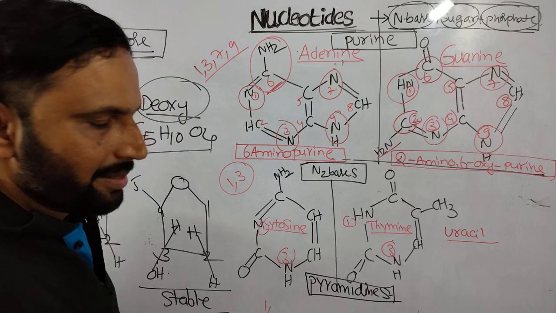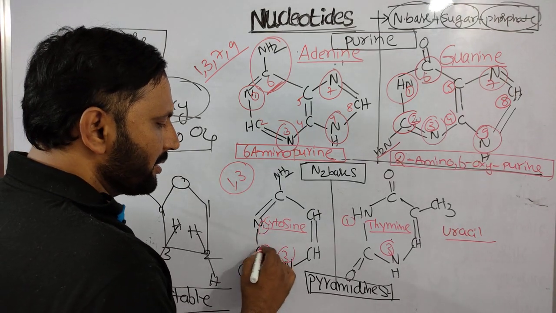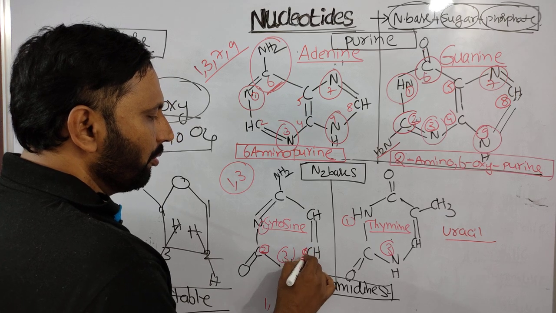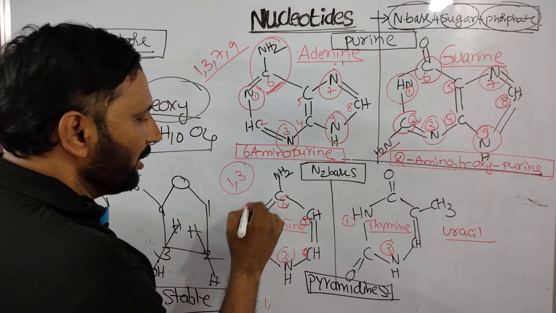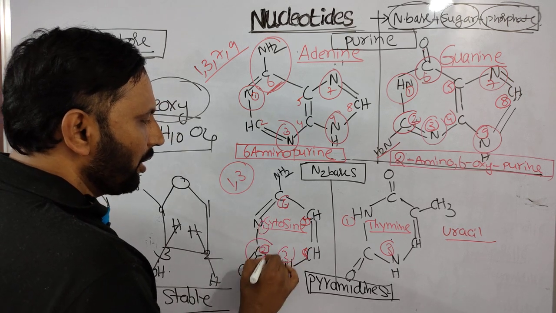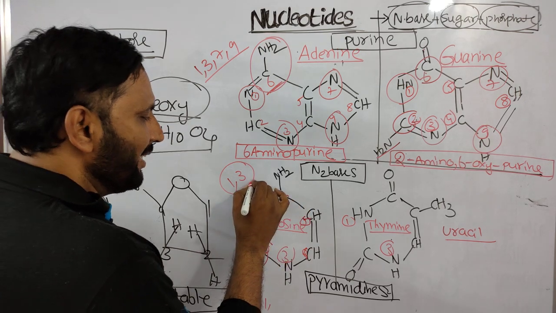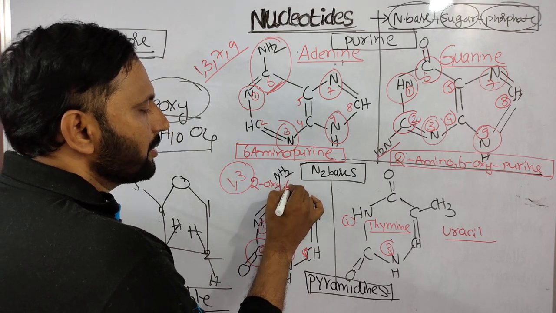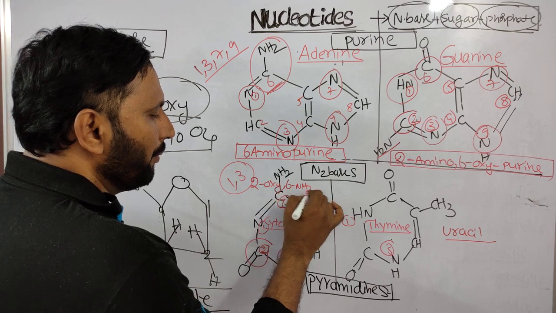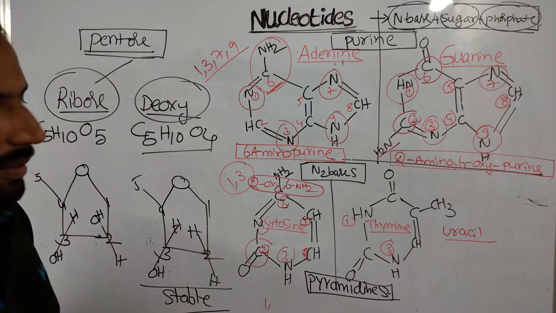Then you go to pyrimidines. In the pyrimidines, there are positions first, second, third, fourth, fifth and sixth. 2-oxy, 6-amino pyrimidine is cytosine.